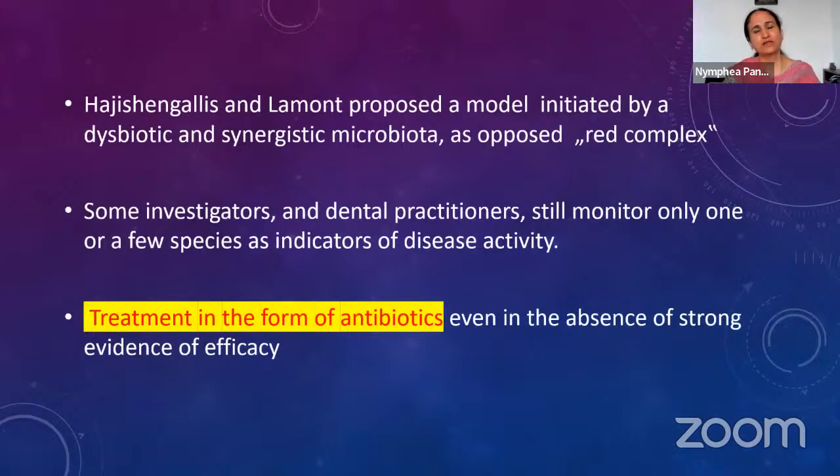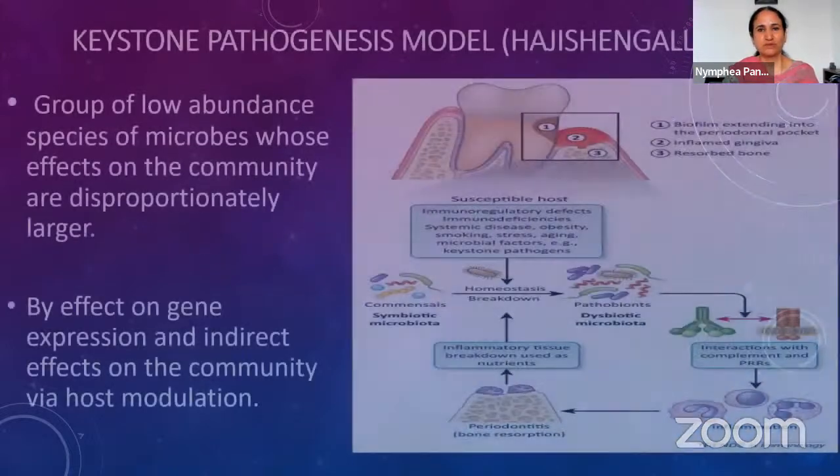Even if a very small group of organisms is causing the disease, we should have been able to have an antibiotic against that. But in many studies, we have seen that even treatment with antibiotics is not absolute. The disease returns, and we are not able to find that magic bullet. So this was an attempt to find one organism or a group of organisms which could control the disease.